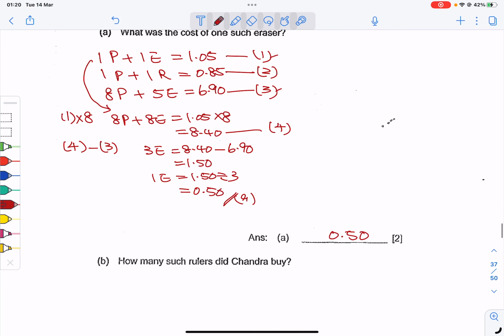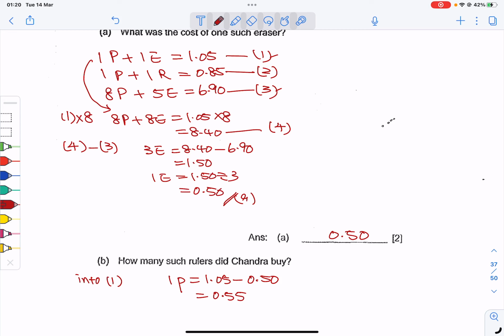Okay, so we sub this information, 1 eraser, into statement 1. So 1 pencil will be $1.05 take away 1 eraser, 50 cents. It will be 55 cents. Now, they are looking for the number of rulers.